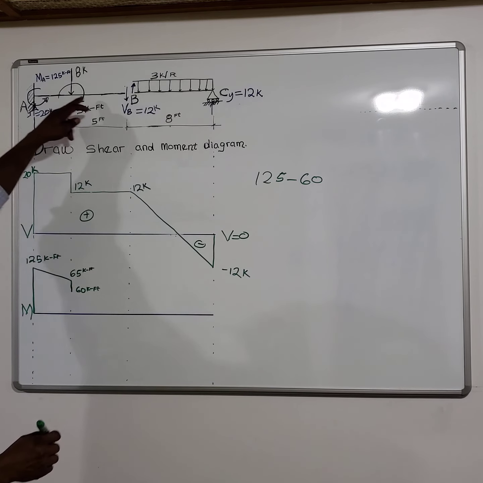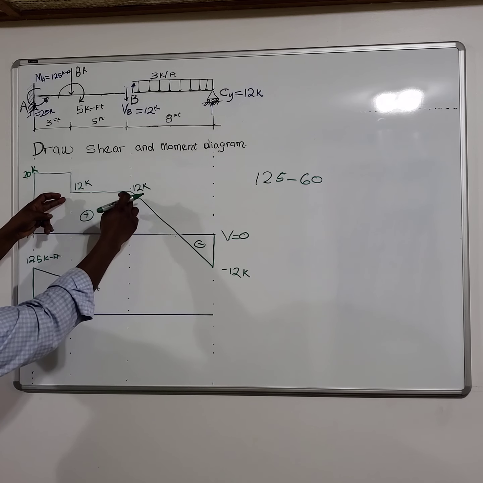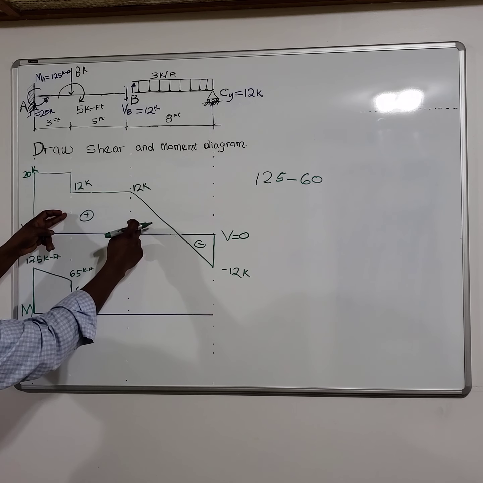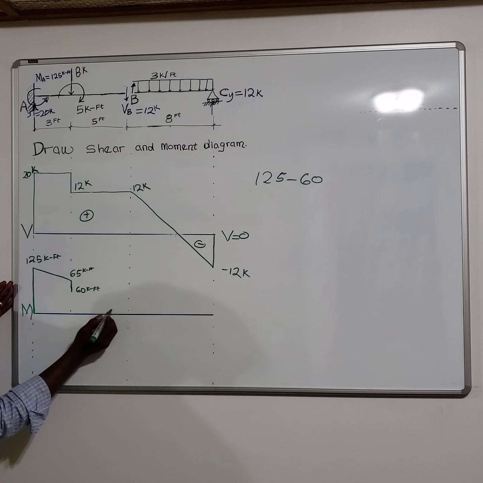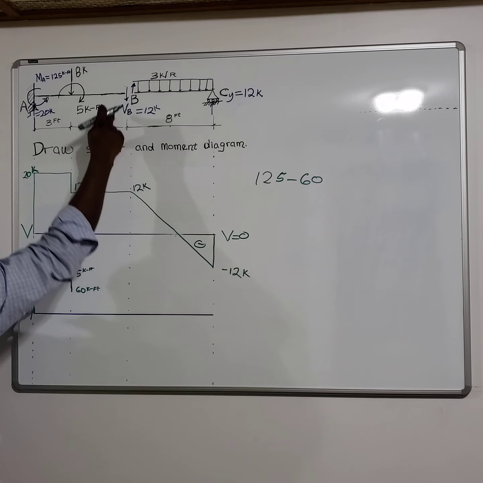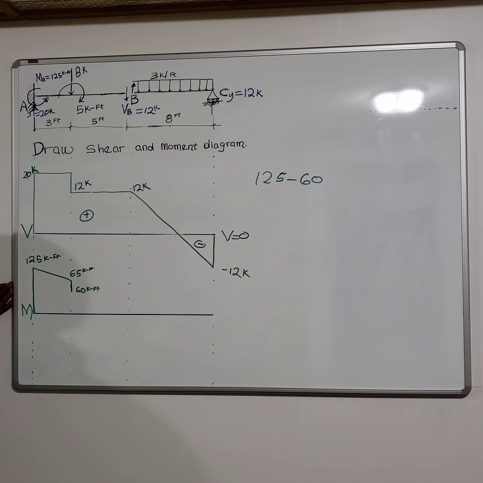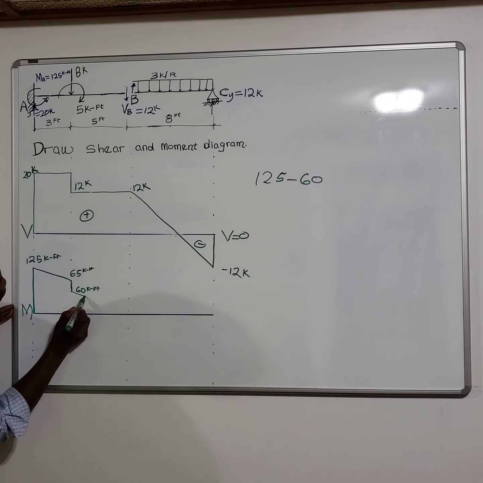From that point, you look at this section here, that's 12, and the dimension is 5 feet. So 5 multiplied by 12 is 60. Interestingly enough, that 60 will take you to this point, which corresponds to the point of your hinge on your load diagram, and remember we said at that point there is no moment. So this brings us back to 0.